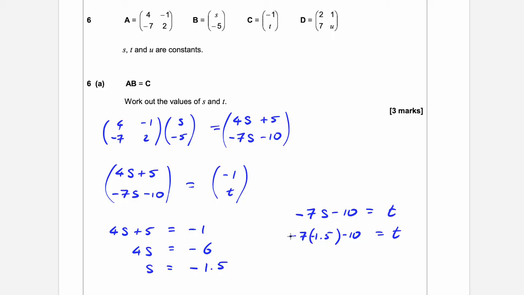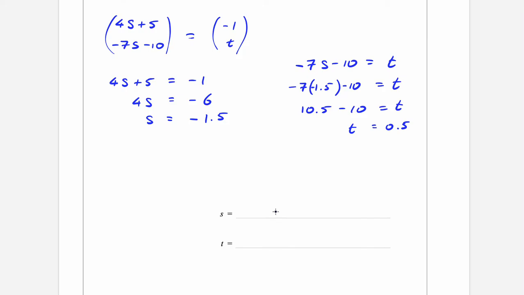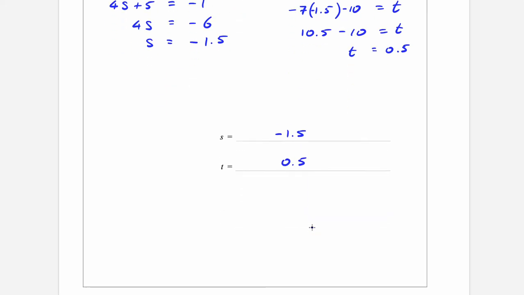So this is going to be positive. 7 times 1.5 is 10.5, so this is 10.5 minus 10 equals t, so t equals 0.5. So s is minus 1.5 and t is 0.5.